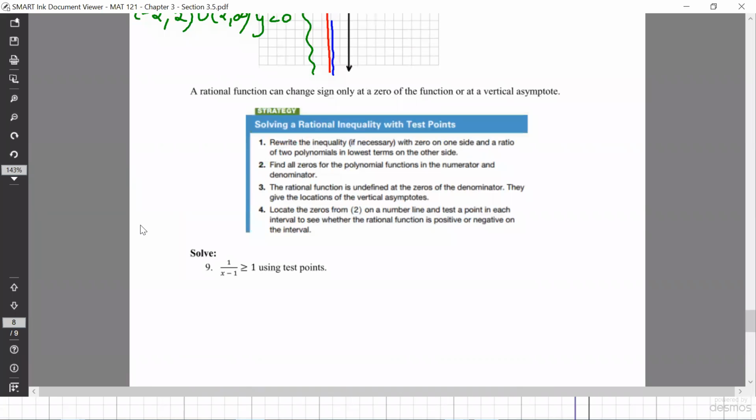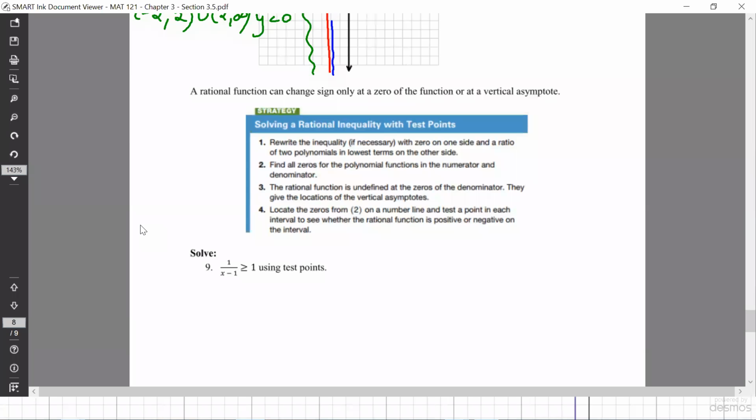So they're basically saying, set them equal to 0 and see what your x and y intercepts come out to be. The rational function is undefined at the zeros of the denominator, so they will give us where our vertical asymptotes are going to be. So setting the numerator equal to 0 gives us our x-intercepts. Setting the denominator equal to 0 gives us our vertical asymptotes.